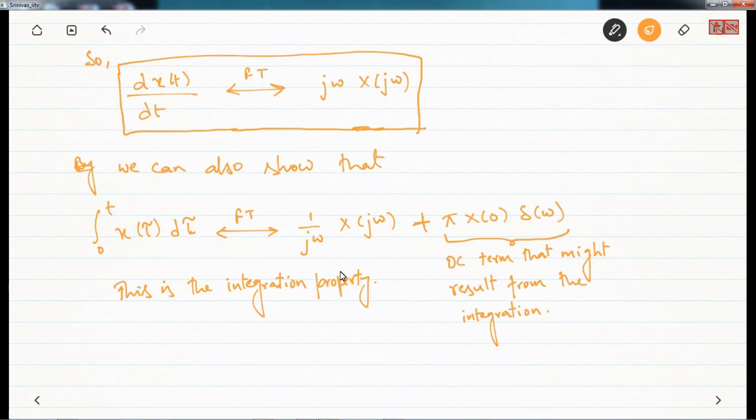So similarly here, we'll just do one or two examples of using the integration or differentiation property, and then we'll go to what else is remaining. We have time scaling and then duality, two more very important properties. First we'll do examples.